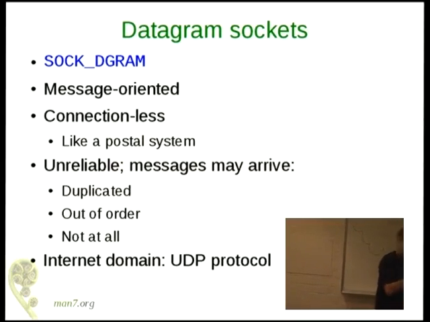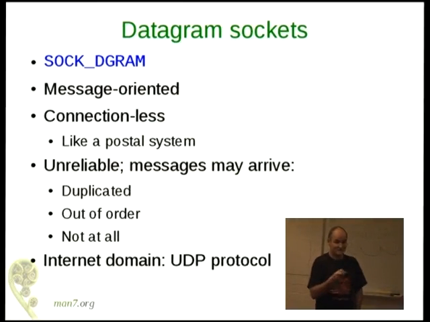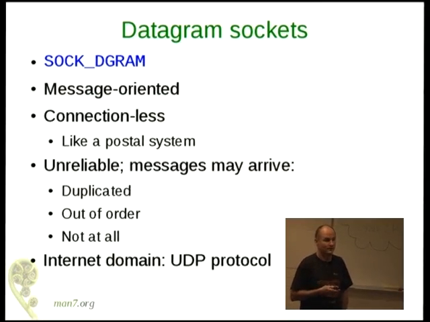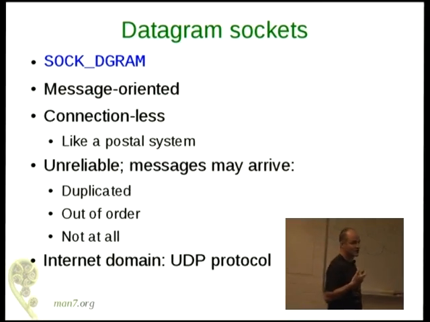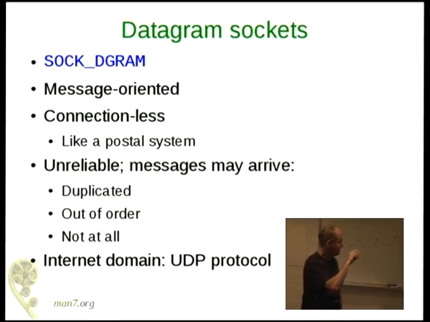It's unreliable. What that means is messages may be duplicated. They may arrive out of order, or they might not arrive at all. Your application level logic has to handle that possibility. In the internet domain, datagram sockets are implemented using the UDP protocol.